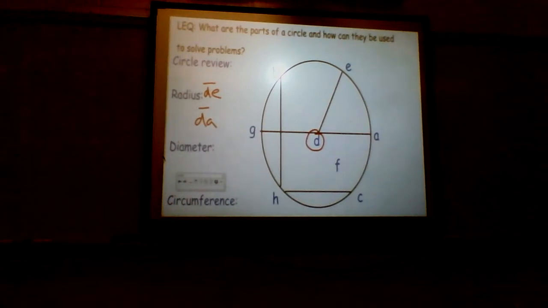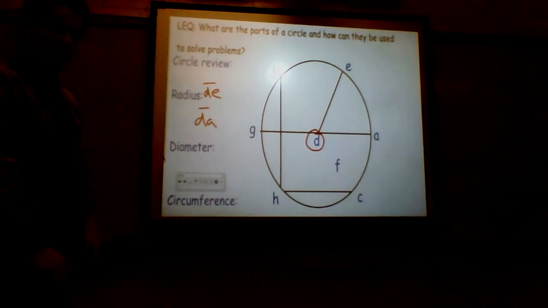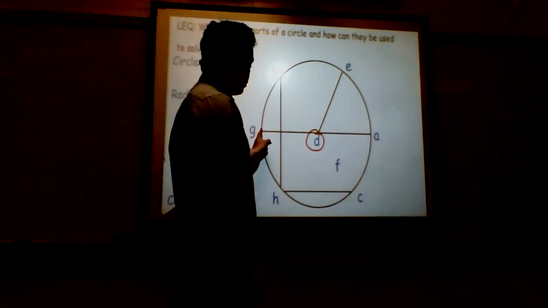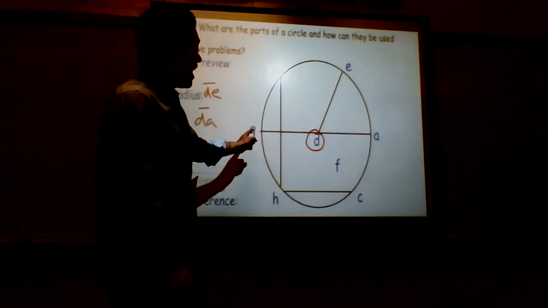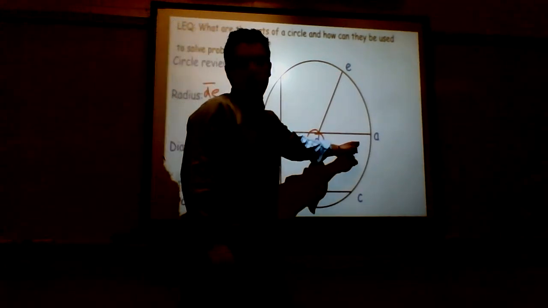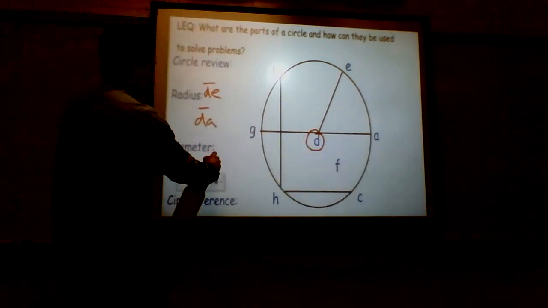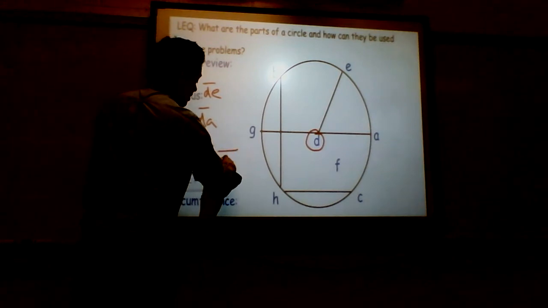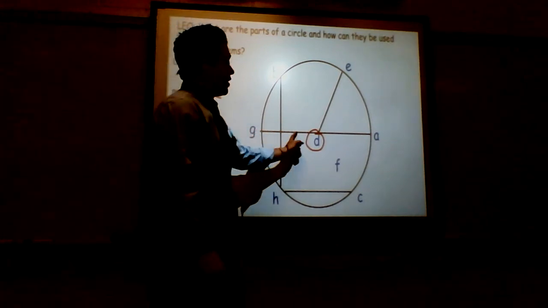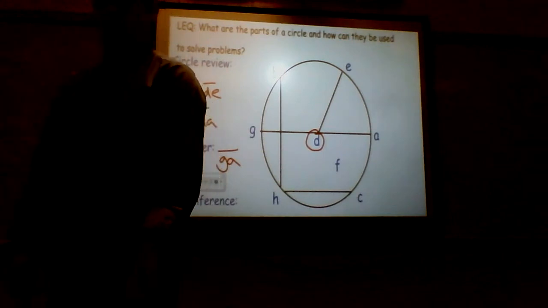The diameter. There is only one diameter shown here. Remember, the diameter touches 2 points of a circle and has to pass through the center. The only diameter we see here is line segment GA. From G to A is the diameter.